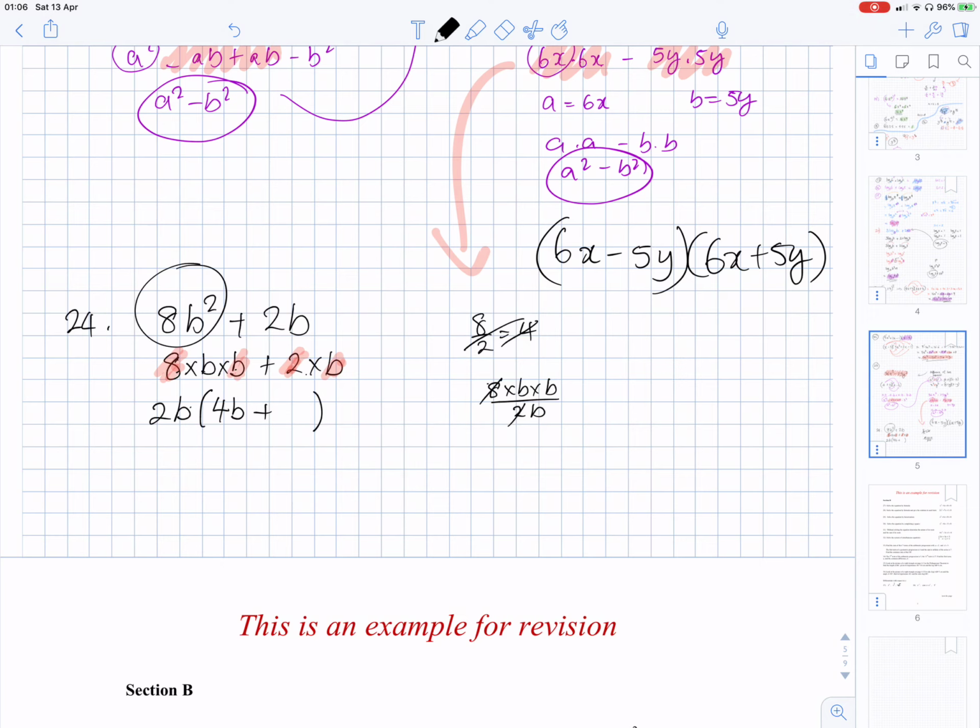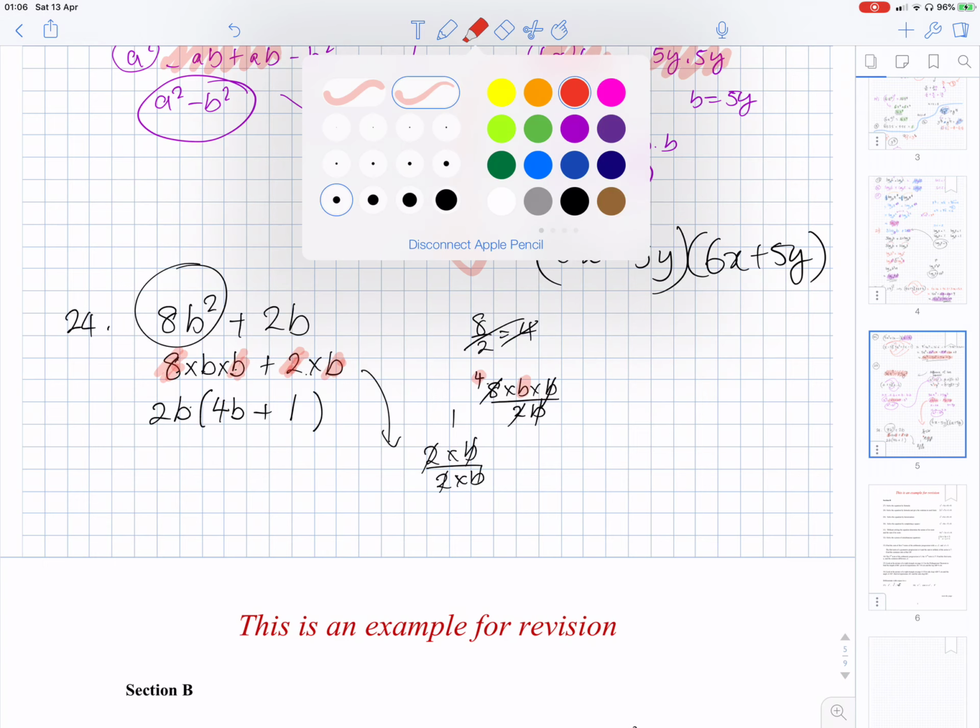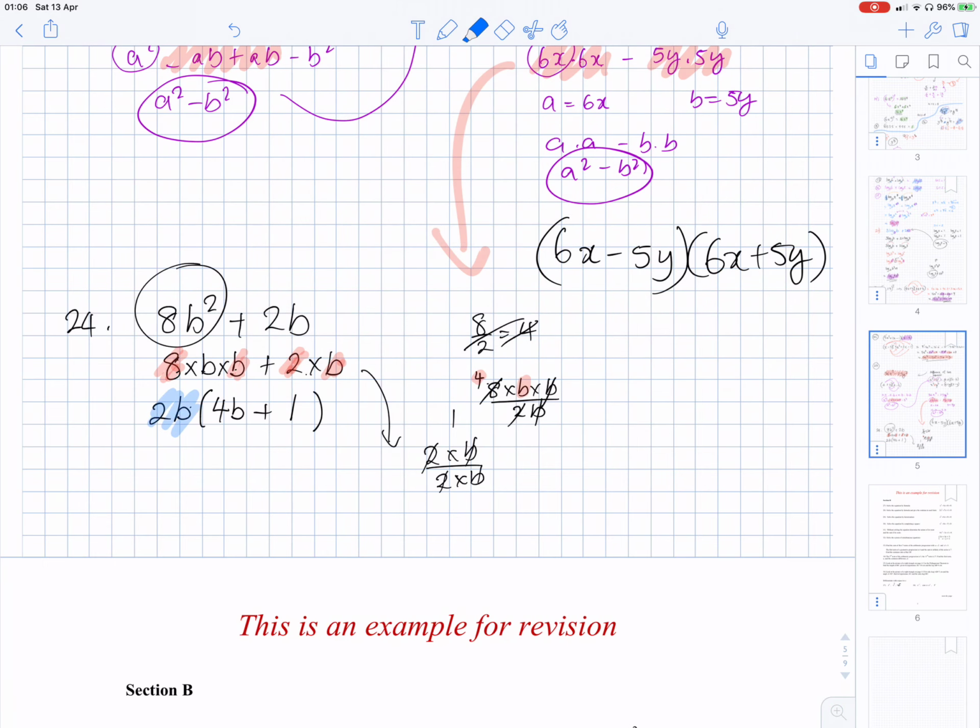So 2 goes into 8 4 times, and b goes once into b, so you're left with the 4 and the b. Then for the second part, you do 2 times b divided by 2 times b. They both cancel out, and you're left with 1. So there's a 1 here. Okay, so that's this one done.